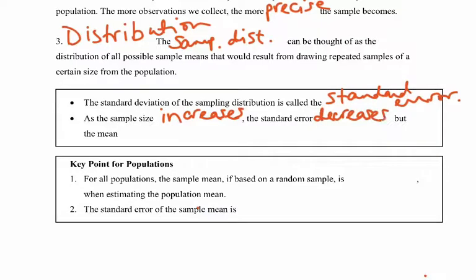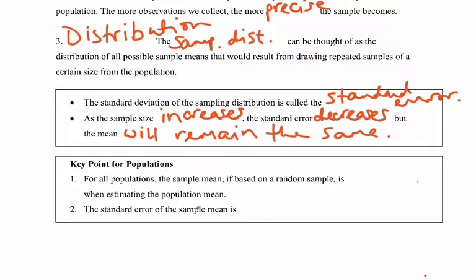So standard error decreases, but it doesn't matter what happens with the sample sizes, the mean will always remain the same. The mean of the population is what it is. It doesn't matter what the samples say. Now we estimate what we think it is, but the mean doesn't change. But the standard error will change when we have larger sample sizes.